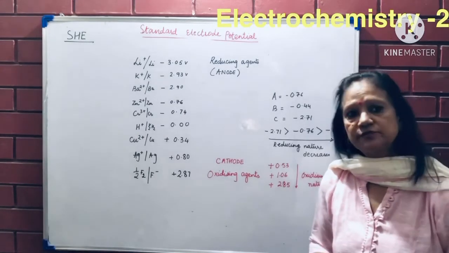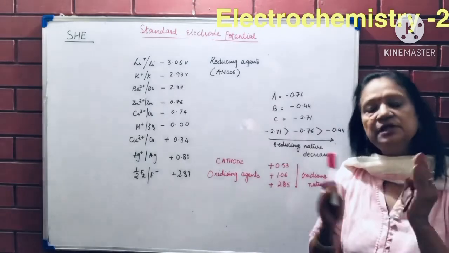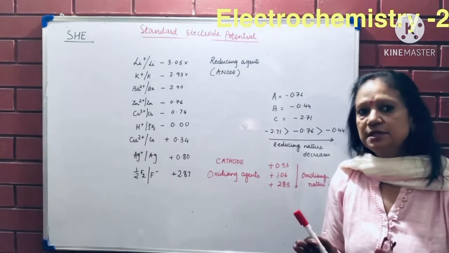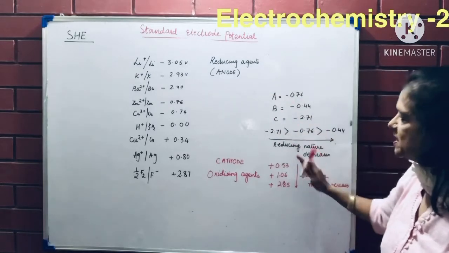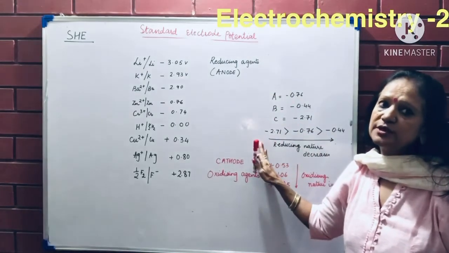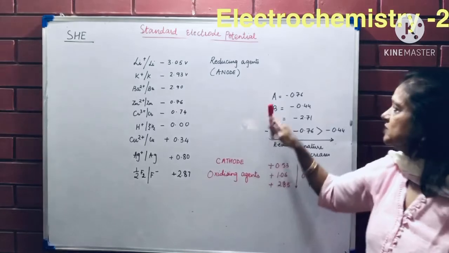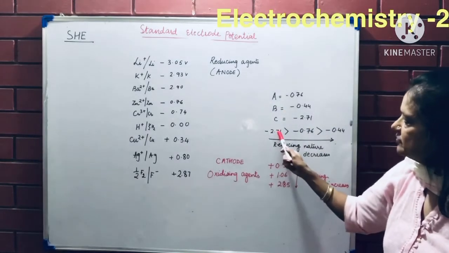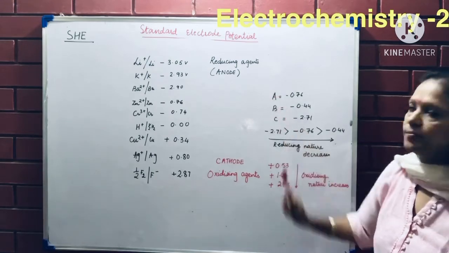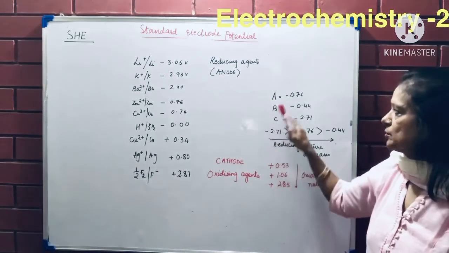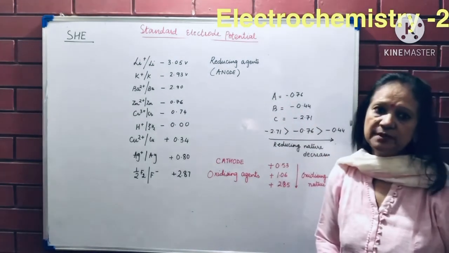So many questions will be based on that. Given the values, you will be asked whether the reaction is feasible or not. Or values are given in this way and you are asked which one is going to displace the other one. Obviously the one which is the most active, in this case minus 2.71, C, will be able to displace both B and A. So your conceptual questions will be based on this.